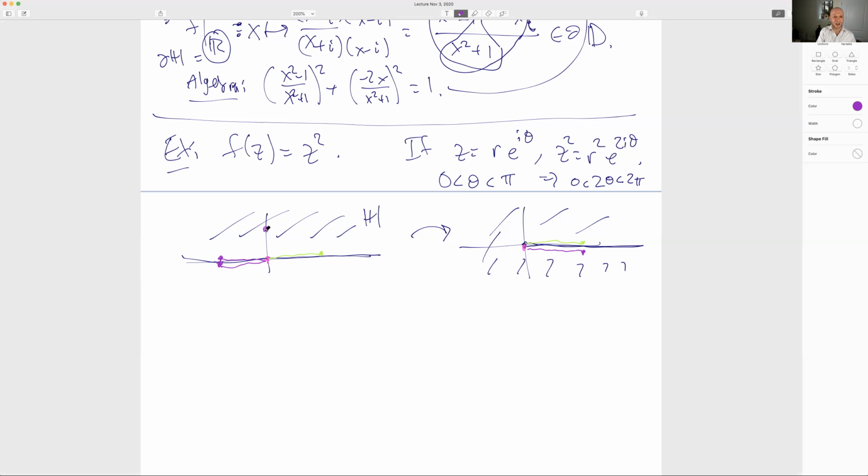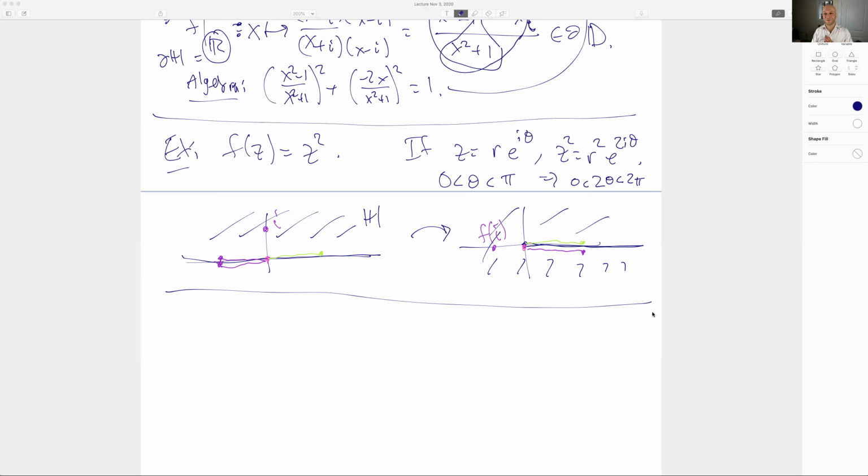For example, i squared will be -1, so this is f of i. This is i squared going to -1. That's this conformal map. We are going to see a whole bunch more examples of this, and then we're going to try to determine when two open domains are conformal to one another. That is the subject of the Riemann mapping theorem.